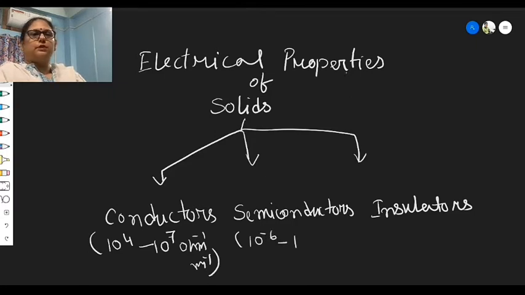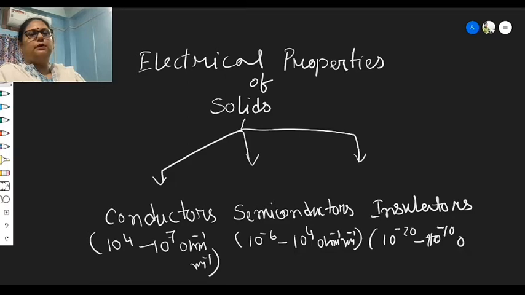For semiconductors, the conductivity range is from 10 to the power -6 to 10 to the power 4 per ohm per meter. And for insulators, it is very less, from 10 to the power -20 to 10 to the power -10 per ohm per meter.